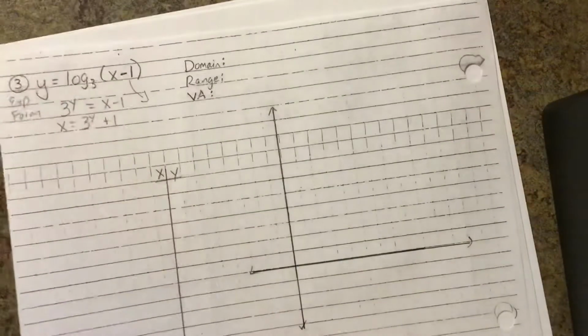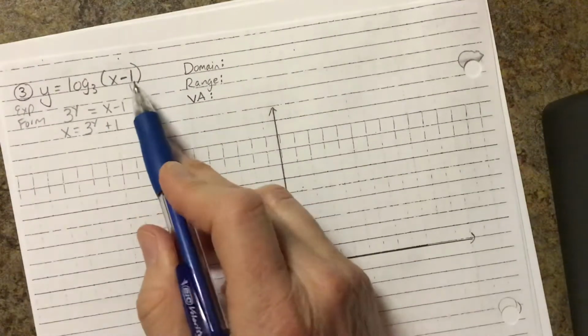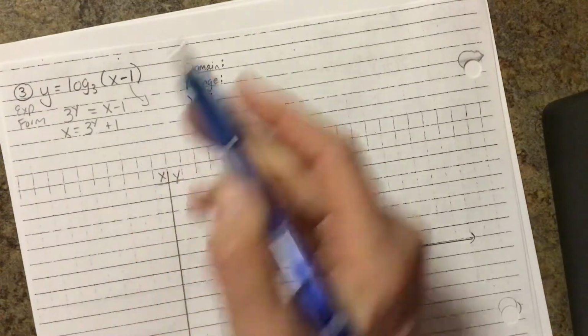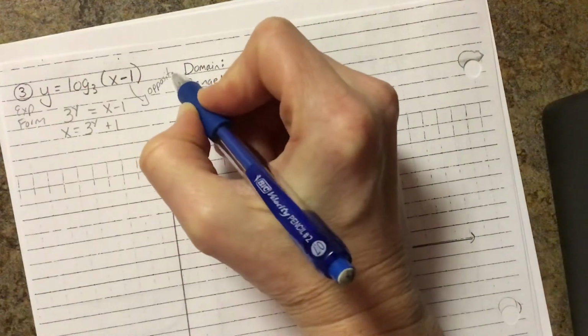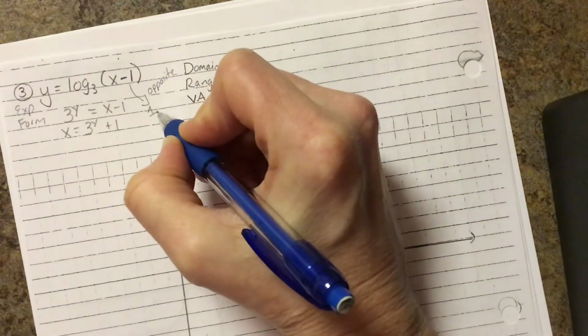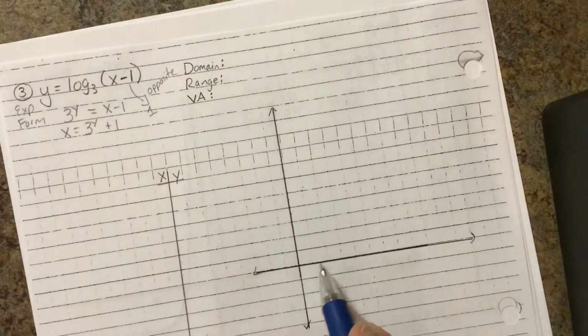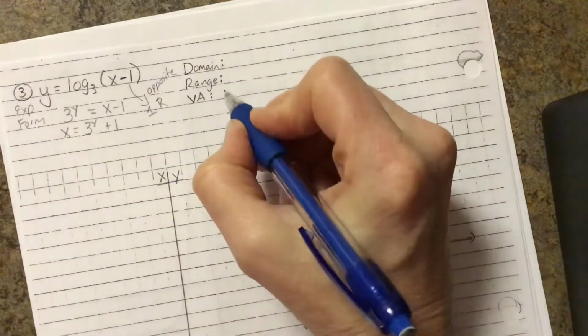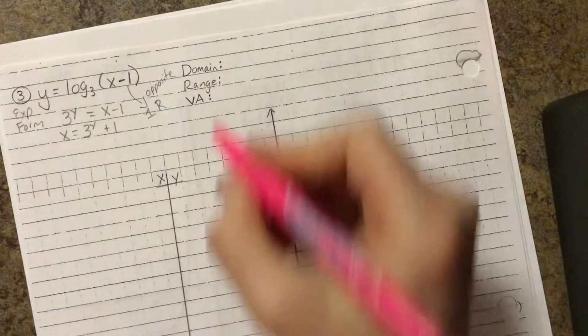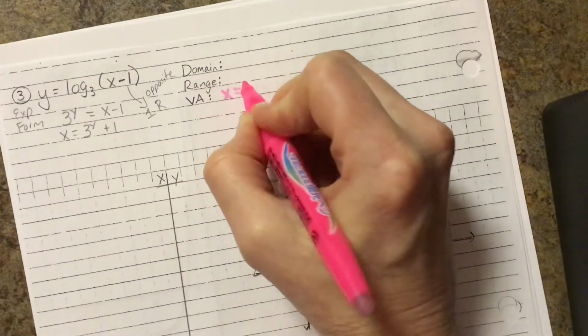This time it's x minus 1. This is the shift we're used to doing. It's opposite. So we're going to shift this 1, not to the negative, 1 to the right. That makes my VA now become x equals 1.